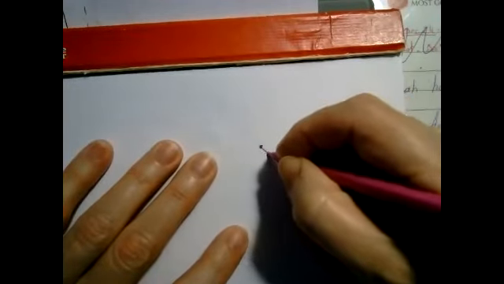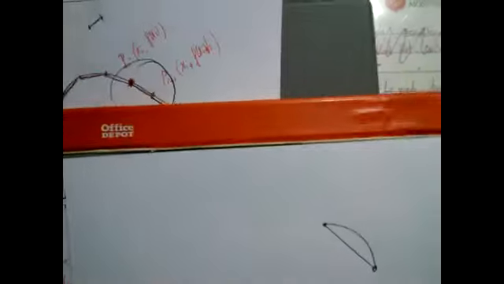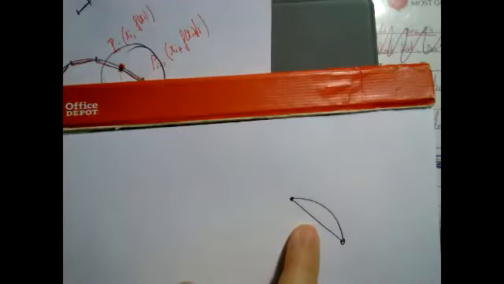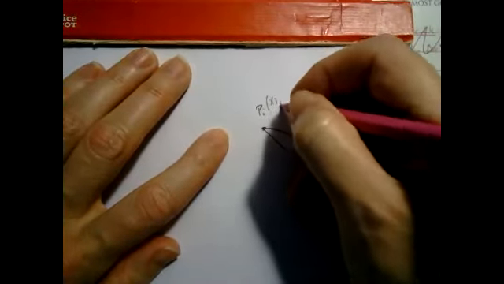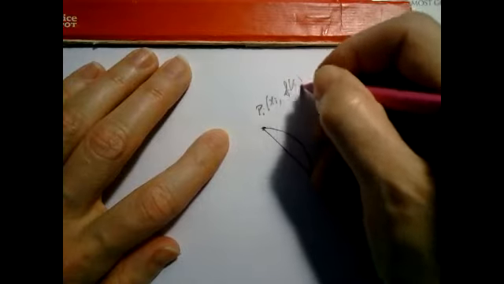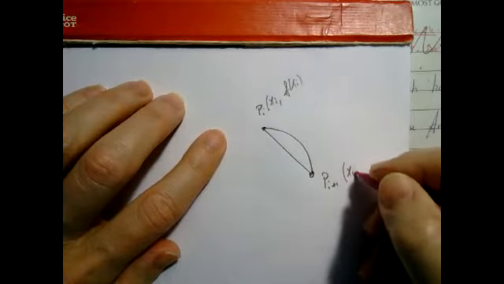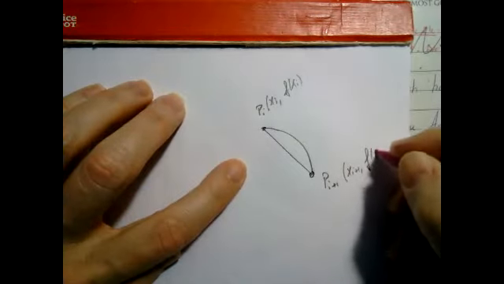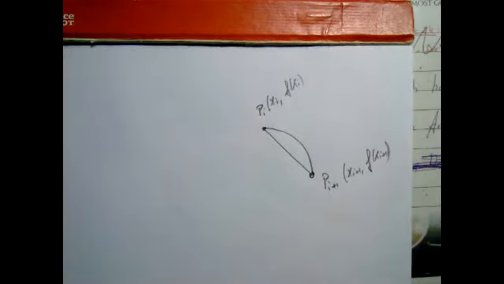Suppose this is Pi, this is Pi plus 1, and this is my curve. I'm going to take this piece and zoom in a little bit so you know exactly what I am doing. So let's assume this is my Pi, xi, f of xi, and this is my Pi plus 1, xi plus 1, f of xi plus 1.